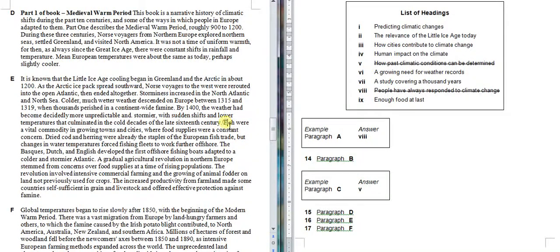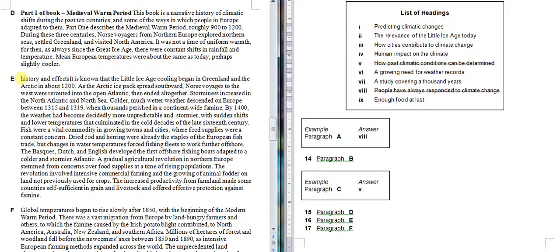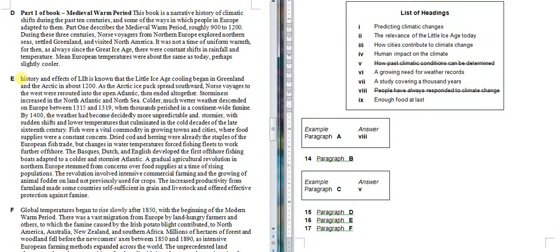And all of this is about its kind of effects, it looks like. So let's do history and effects.